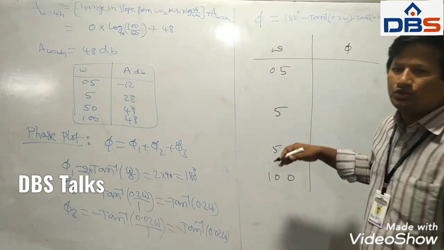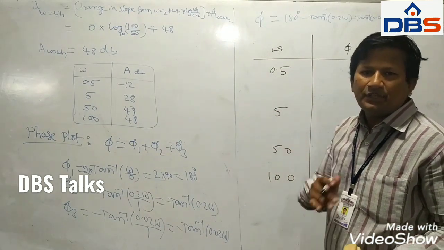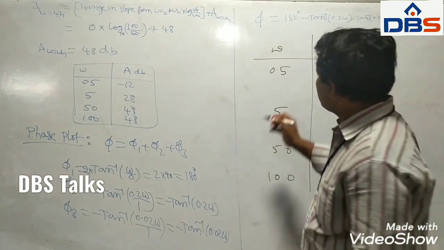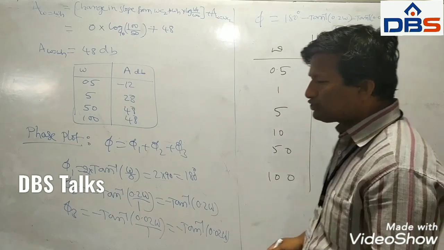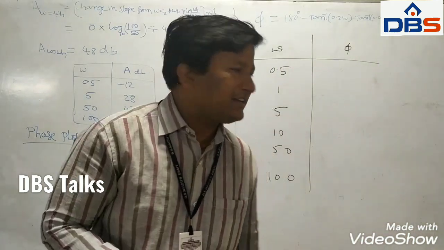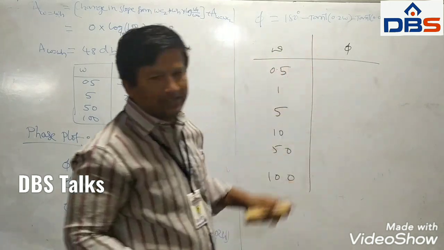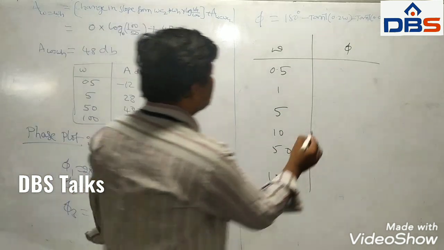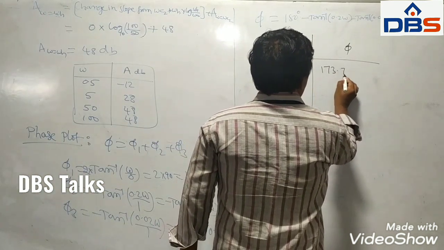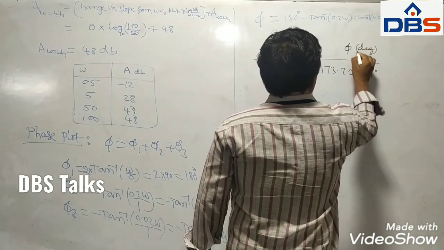In between these you can add 3 or more readings to get a smooth curve. That's why I am taking 1 and 10. So for these 5 values I am calculating the phase angles. Put omega equal to 0.5. The value is 173.7, approximately 174 degrees. So this is in degrees.